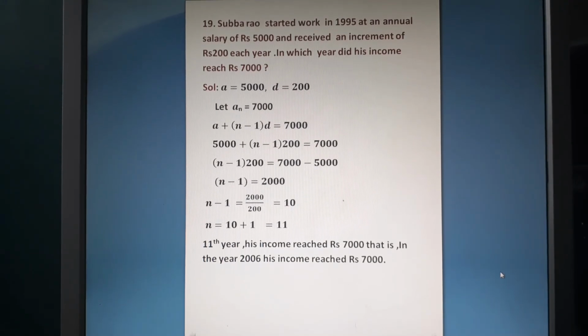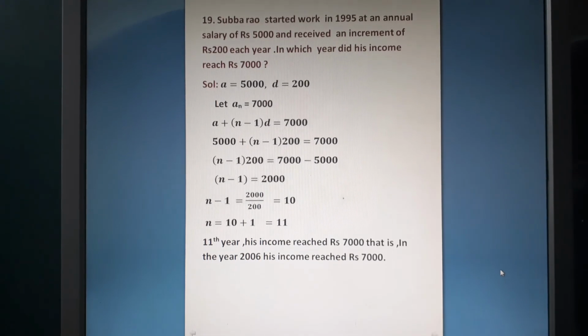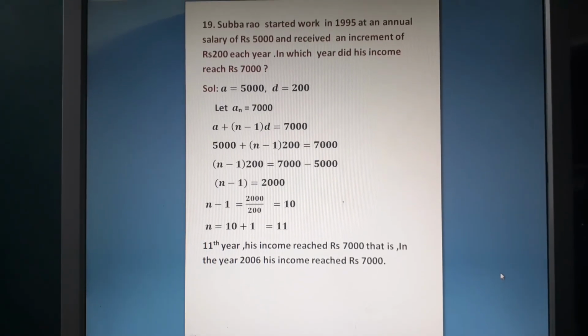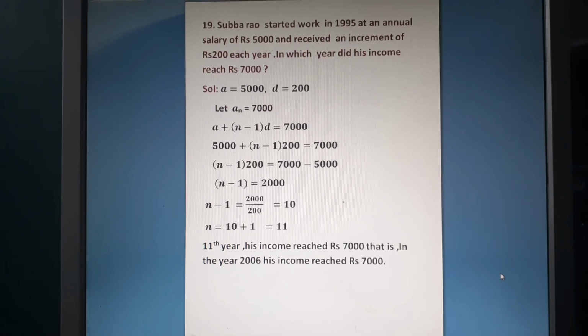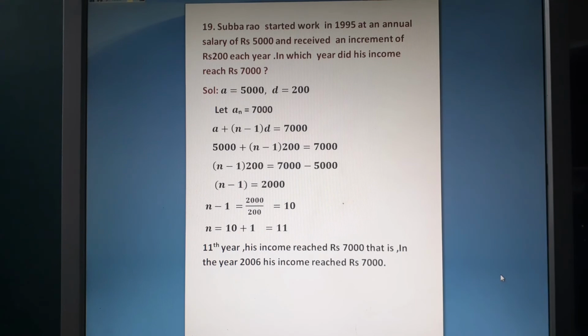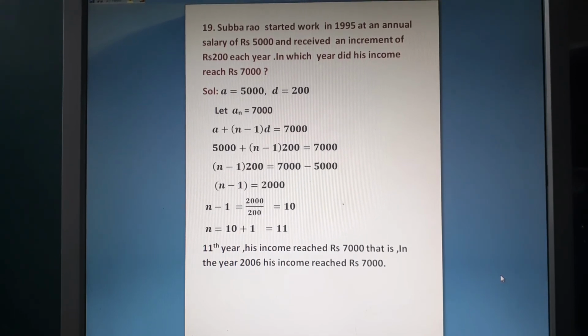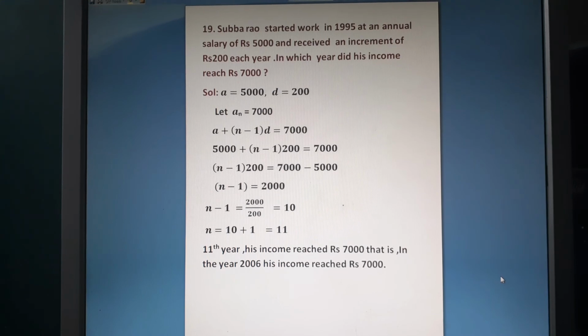19th sum. Subbarao started work in 1995 at an annual salary of rupees 5,000 and received an increment of rupees 200 each year. In which year did his income reach rupees 7,000?